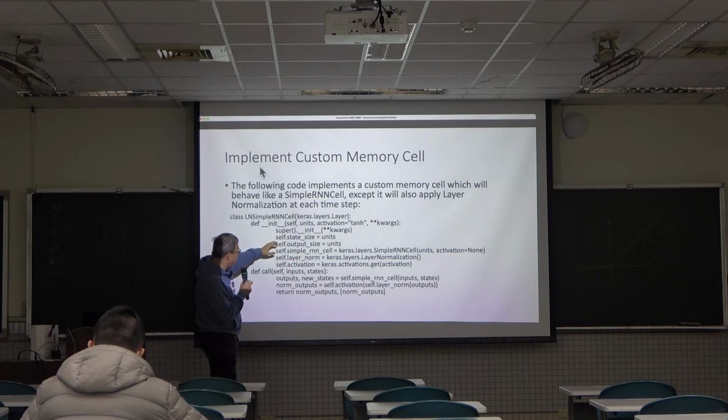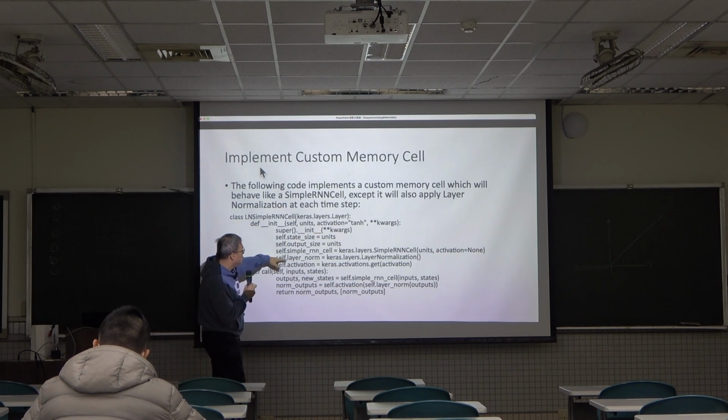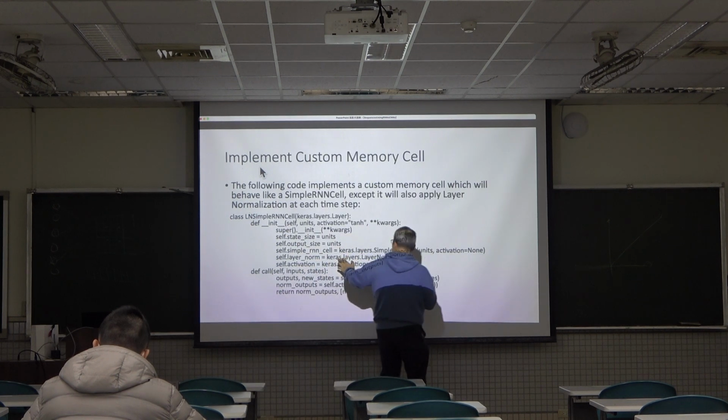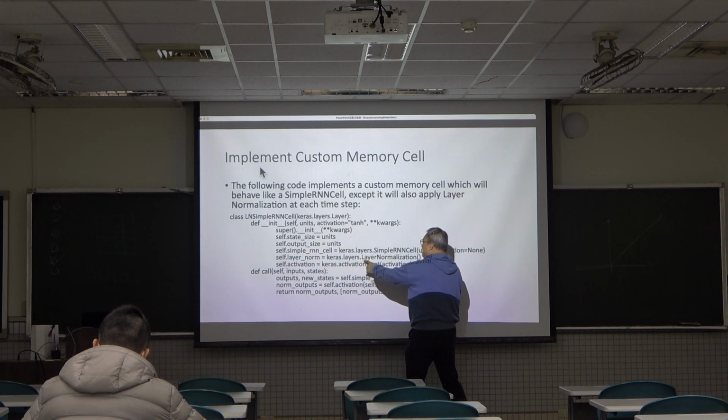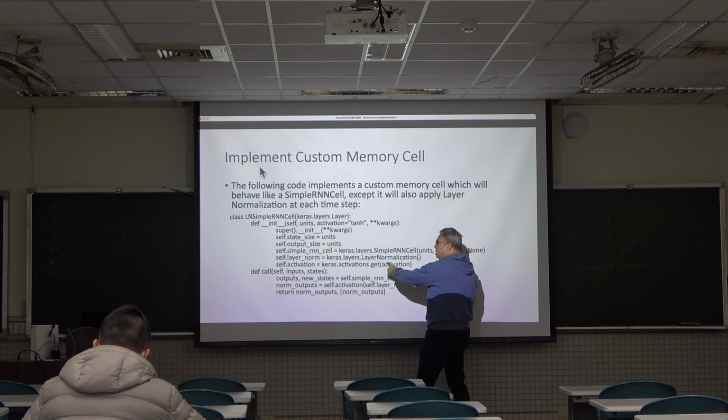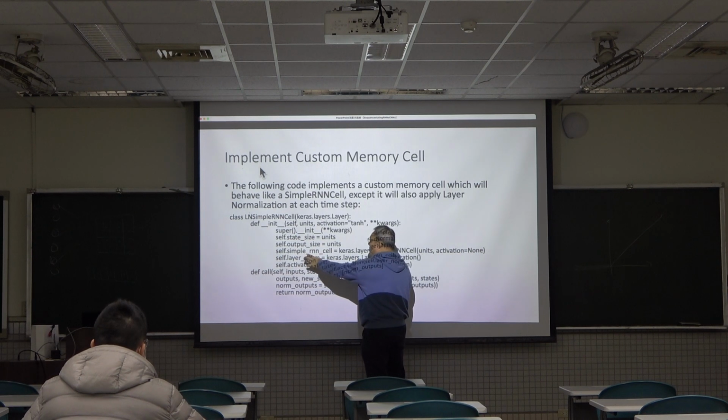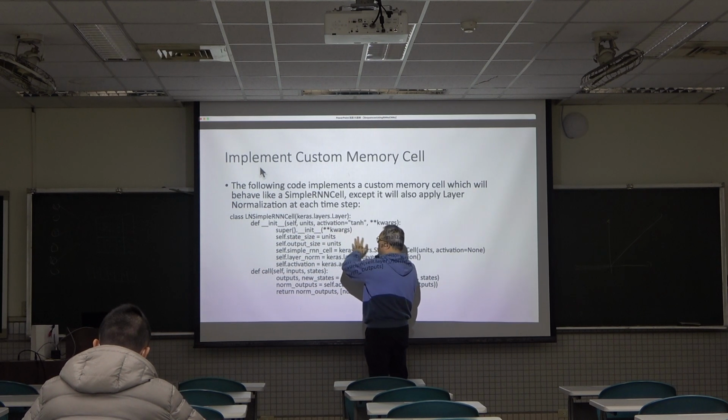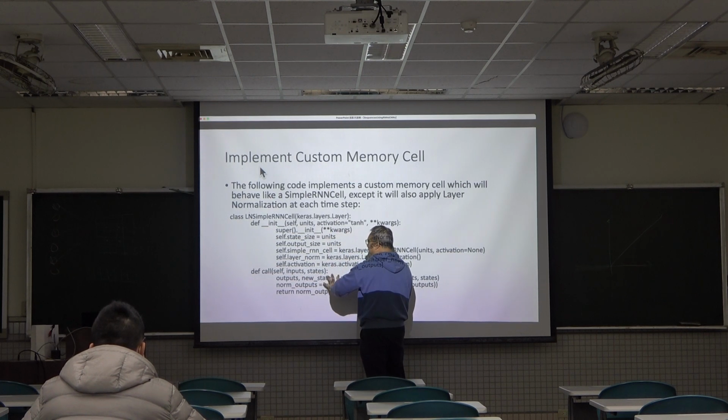We don't need to change that much. The only thing we add is here, we create this keras.layers.LayerNormalization. But remember, we don't specify their relationship here. We specify their relation actually in the call method.